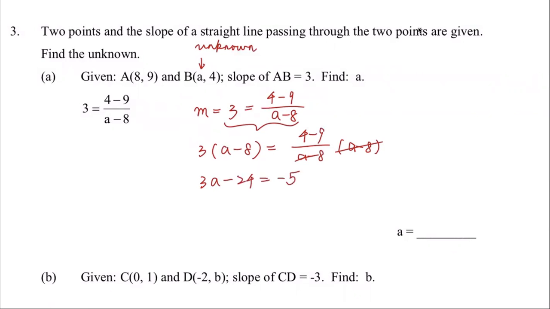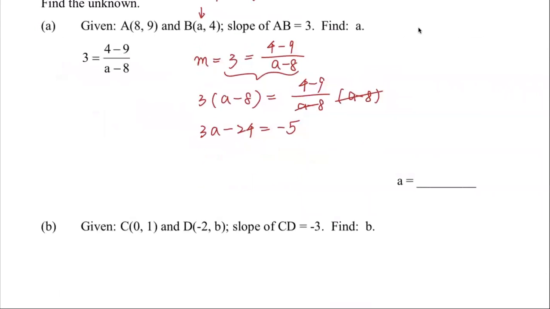And 3a is equal to 24 minus 5, it's 19, right? So here a is equal to 19 over 3. Okay. Let me double check the answer.